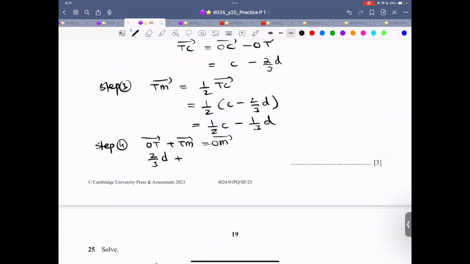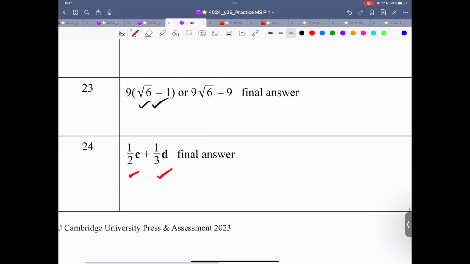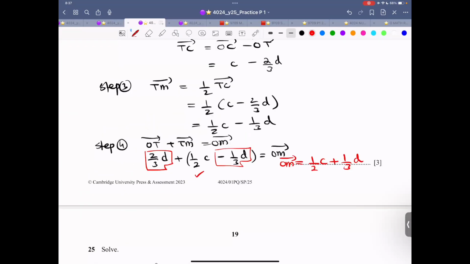We just found it out. That is half C minus 1/3 D. This is OM. So now which ones cancel out? This is 2/3 D, this is minus 1/3 D. That is positive 1/3 D. And half C is there. That is OM: half C plus 1/3 D. And yes, that's the answer.